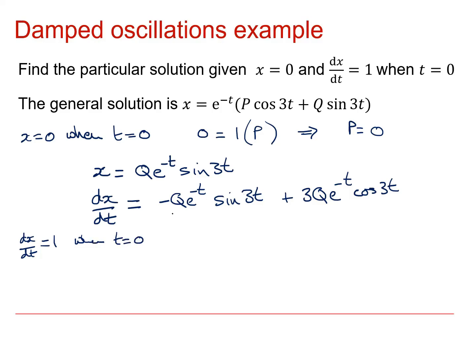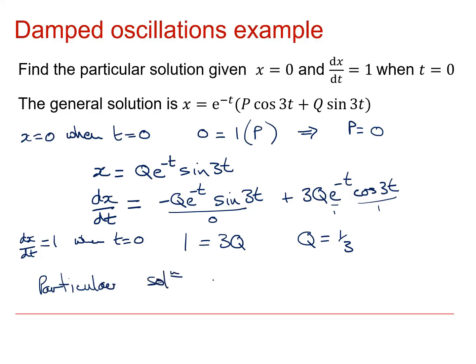And if I plug that into there, this bit's going to be 0, and this bit here is just going to be 1, and this bit is going to be 1. So I just get 1 is equal to 3q, and that gives me q is equal to 1/3. And so my particular solution is going to be x equals 1/3 e to the minus t sine 3t.